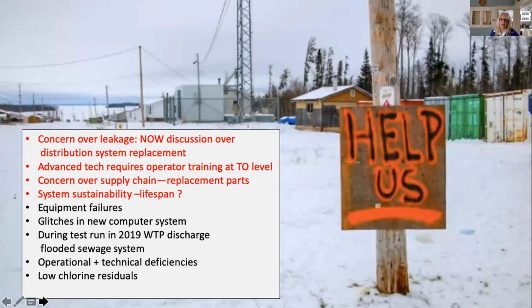What's also curious is that the advanced technology that has been used requires highly sophisticated, Toronto-level operator training. Concern over the supply chain has also been voiced with respect to replacement parts and getting them to the community when needed.